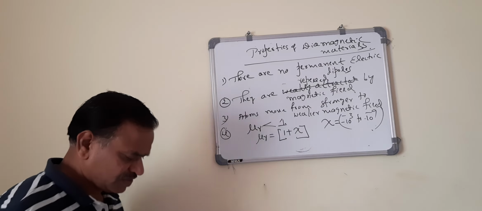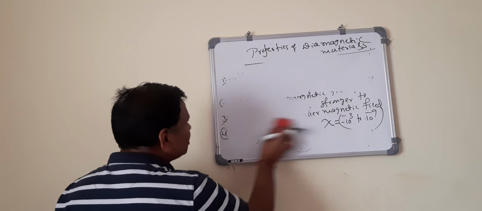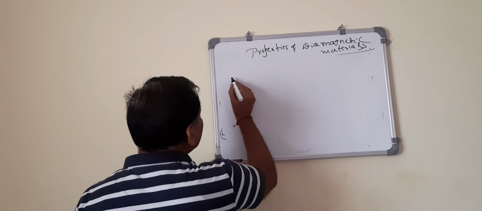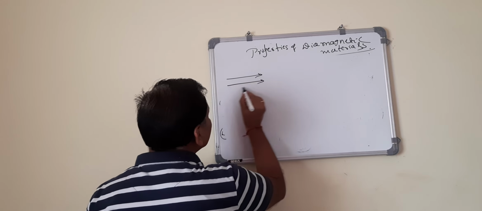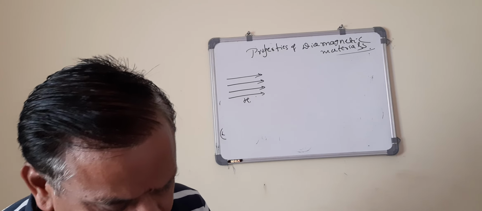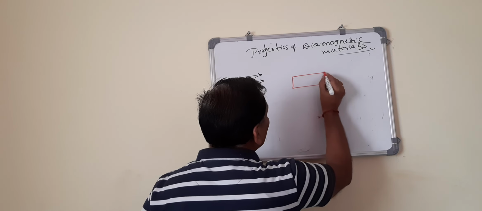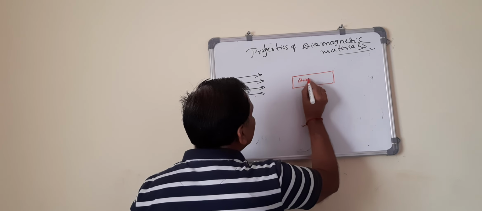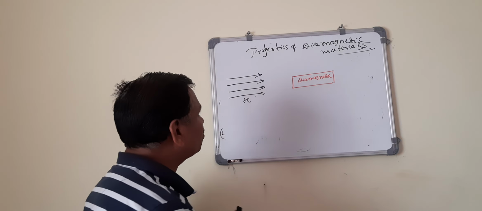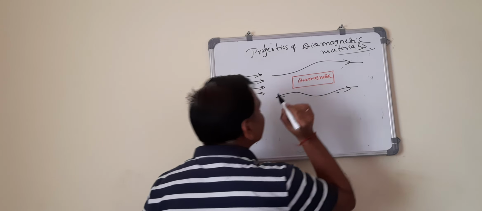Next one is, here they are strongly repelled, I said, no? Whenever this material is placed in the external magnetic field, I will call it a diamagnetic material. All the magnetic lines of force are strongly repelled like this.